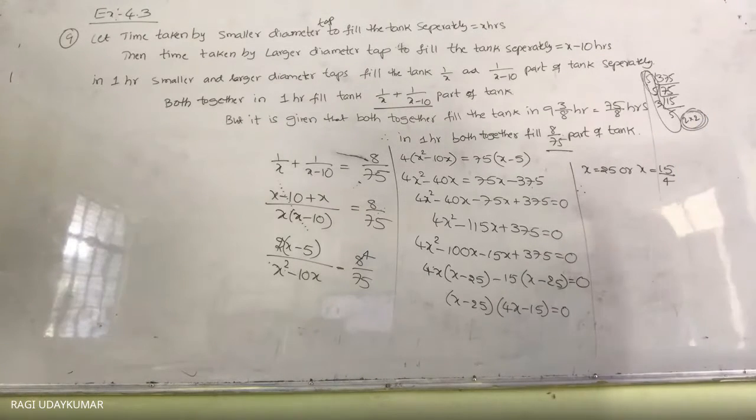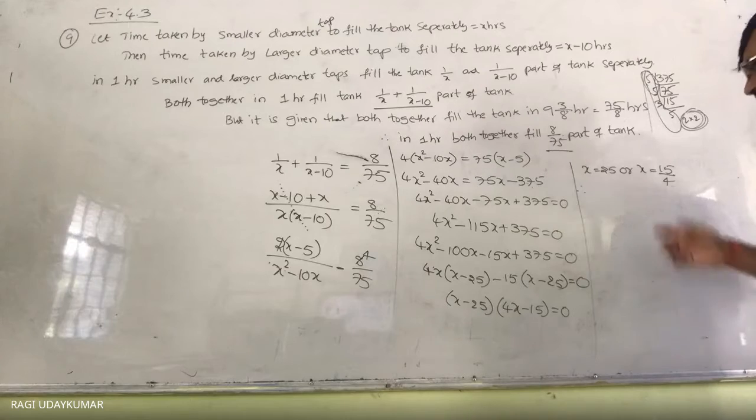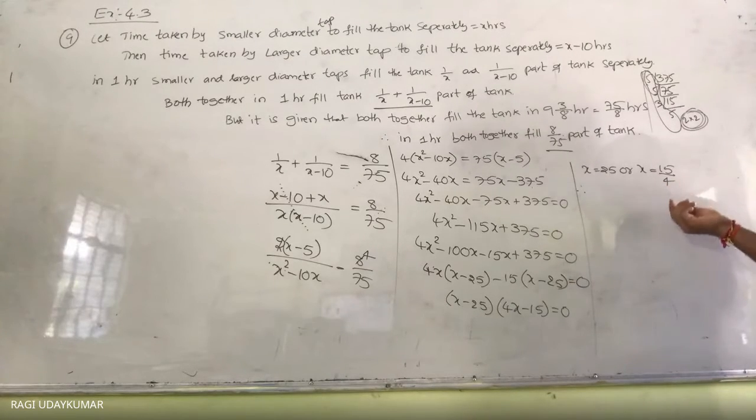Yes, Ruti, go. As it is mentioned in the question, the tap with the larger diameter will take 10 hours less than the smaller one. So after we solve this, we will get 3 point something hours, so it is not more than 10. Hence it cannot be taken into consideration. This is the smaller one only if it is taking less than 10 hours.